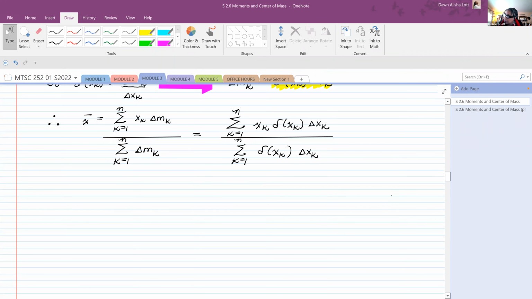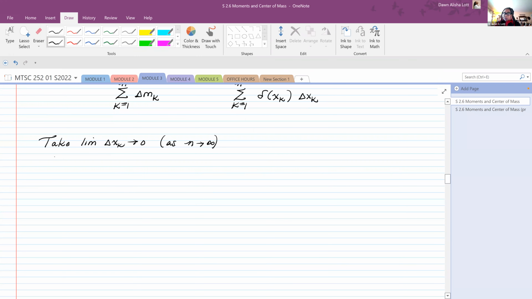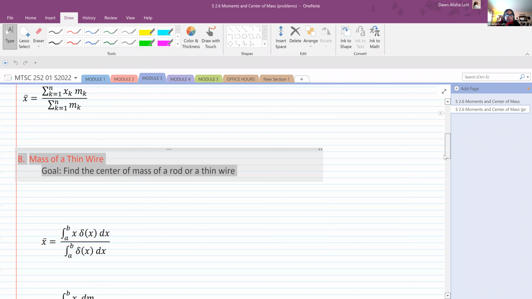All right, so we're going to take the limit as delta xk goes to 0, and that's the same as n goes to infinity. And these sums become integrals. So my new notation, and let me see if I have this already. Yep, there it is.